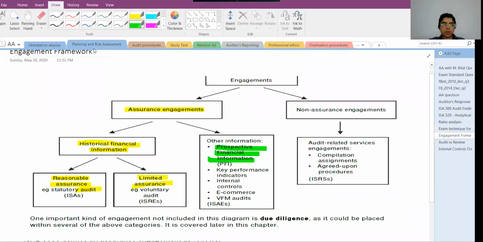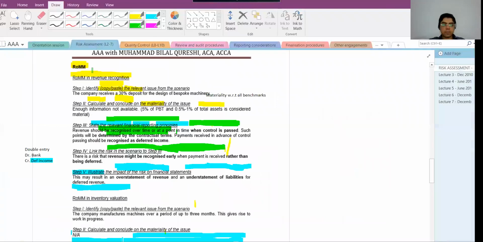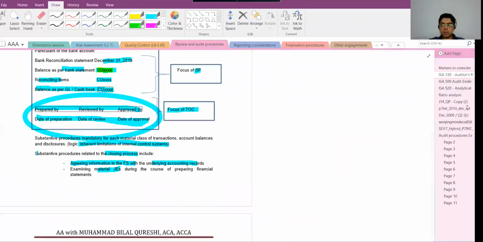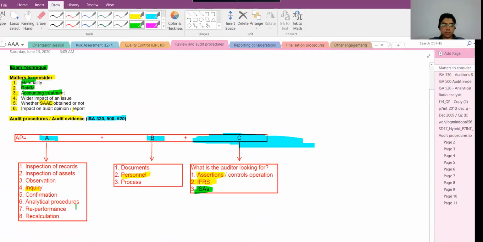Again, in writing your audit procedures, there's a specific tool or technique that we did, and I'm going to cover that for you now before we generate the audit procedures. The audit procedure approach has three components. Any audit procedure you write has to have an A, a B, and a C. Now, what is A? A is you inspect a record, an asset, or you observe, or you perform an inquiry, or you send out an external confirmation to a third party, you perform analytical procedures, you reperform, or you recalculate something.